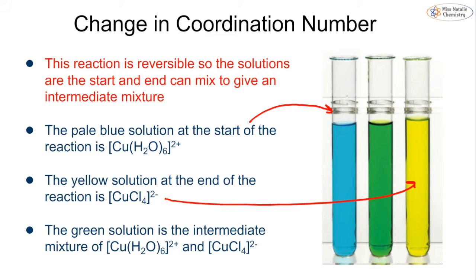And this intermediate green solution is because we have a mixture of the blue and the yellow solutions. But eventually, once we get this concentrated hydrochloric acid being added essentially in excess, and we've reacted all of the CuH2O6, we will be left with just a yellow compound.